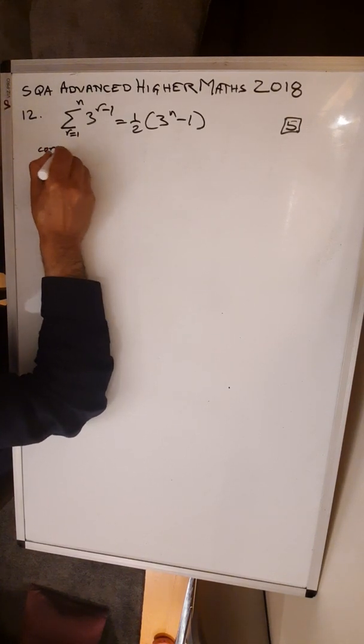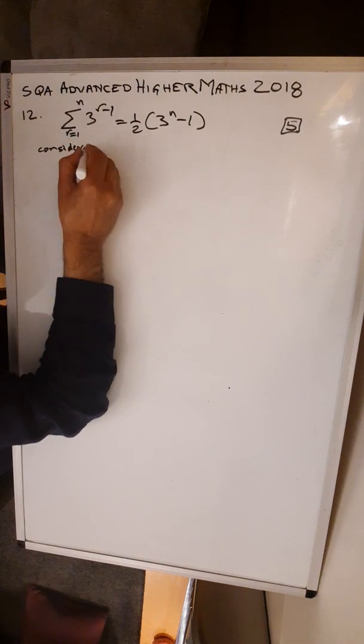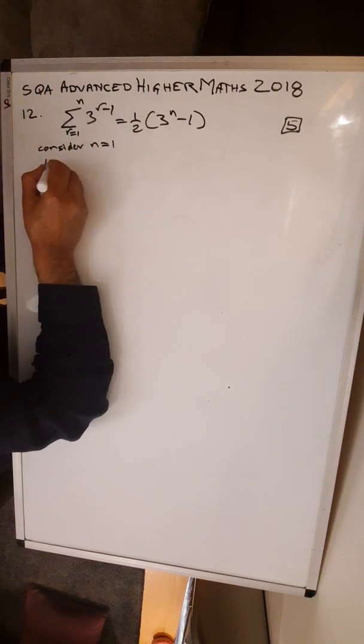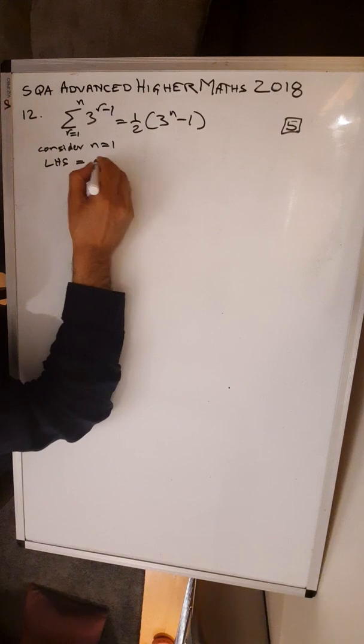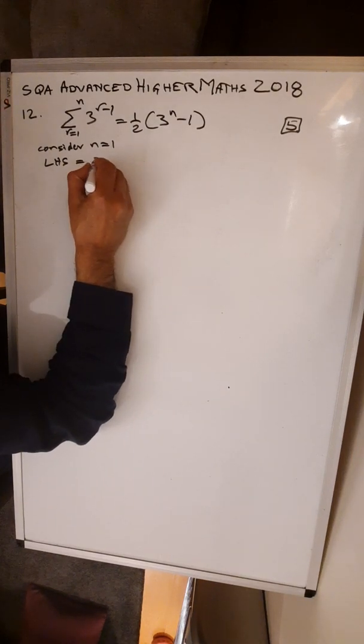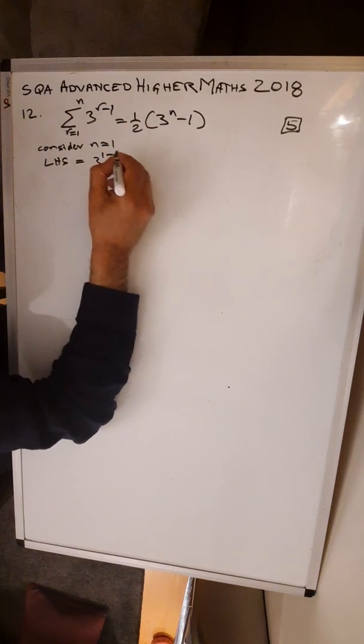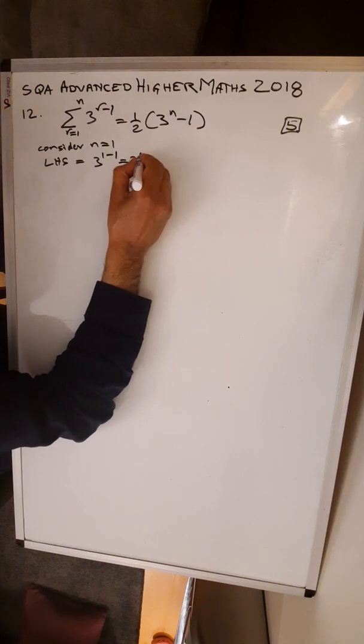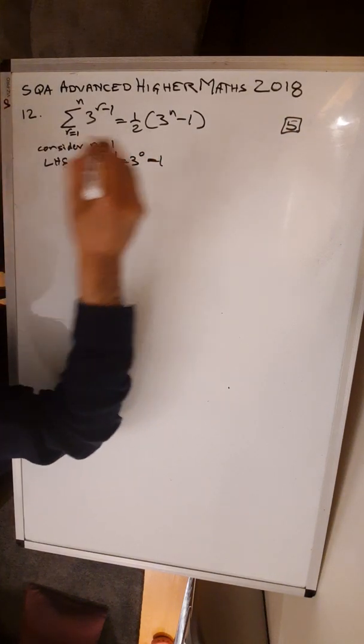Consider n equals 1. Left hand side is equal to 3^(1-1), which is equal to 3^0, which is 1.